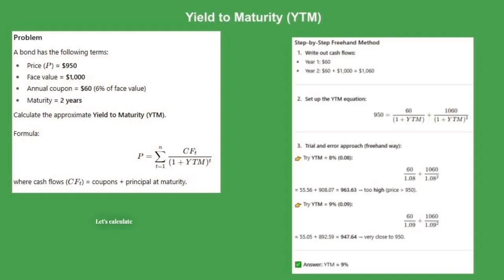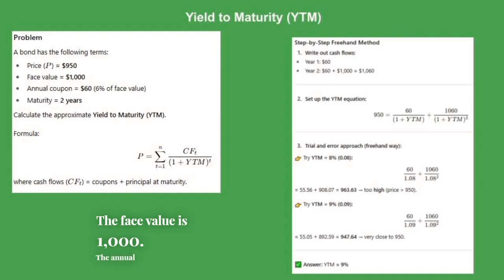Let's calculate the yield to maturity, or YTM, on a simple 2-year bond. The bond price is $950. The face value is 1,000.